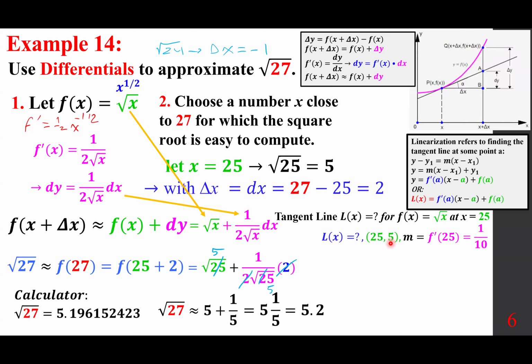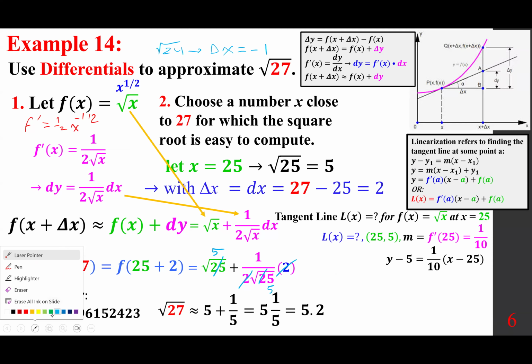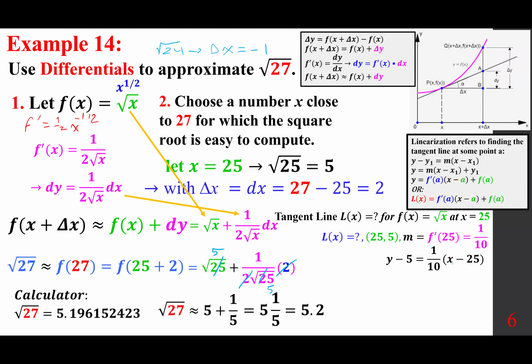So y minus y1, that means y minus 5 equals m, 1 over 10, times x minus x1, that means x minus 25. So this is 1 over 10 times x, minus 25 over 10, plus 5.